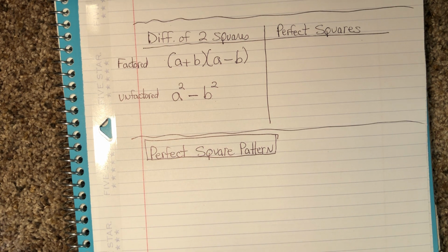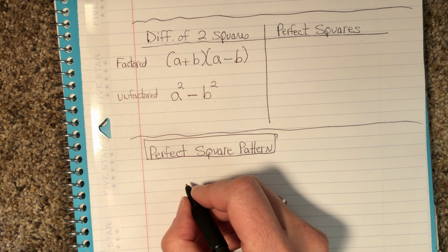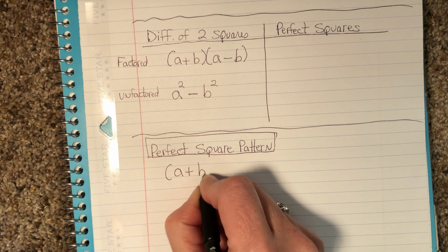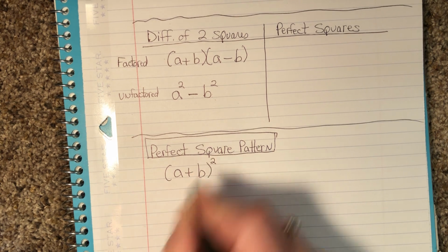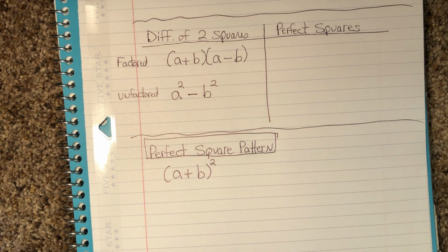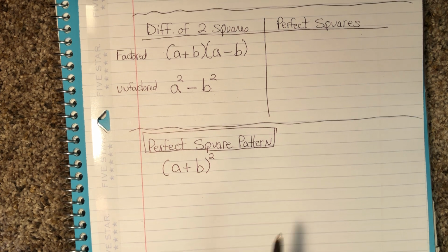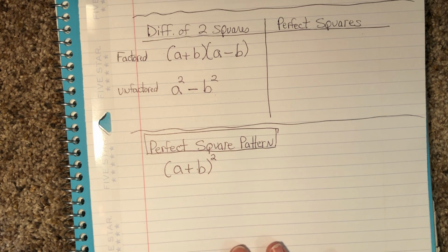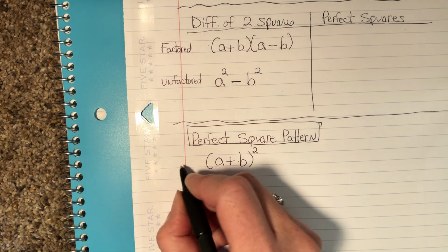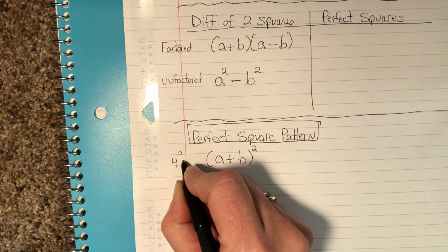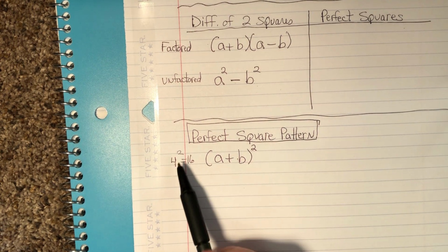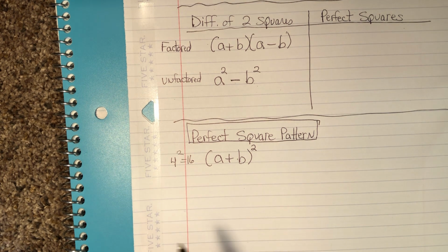If you have A plus B squared, notice that this is something times itself, just like 4 squared equals 16. 16 is a perfect square because I can write it as 4 squared.